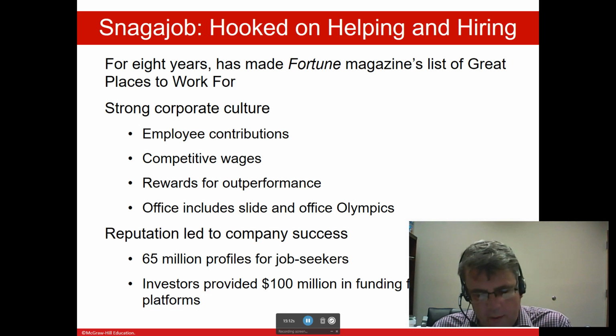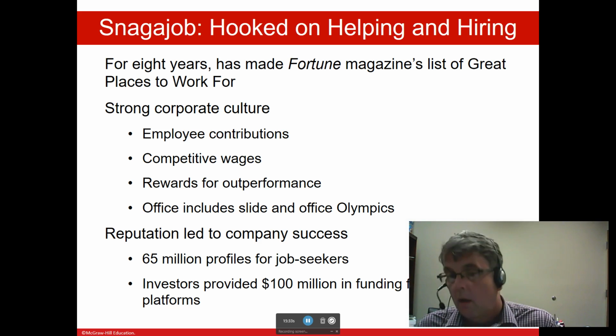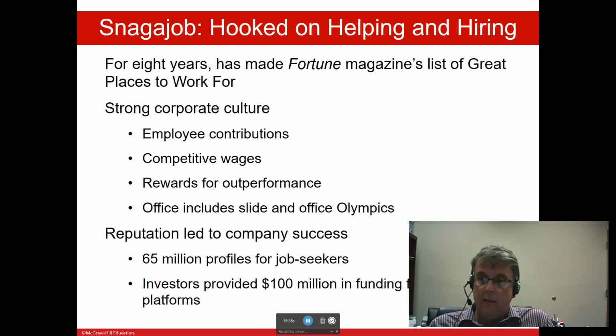Why would an employment search engine known for treating its workers well have an impact on customers and investors? That's a good question. Okay. Companies that use employees from Snagajob or hire workers might notice certain things at Snagajob, and their employees might do a good job for them.